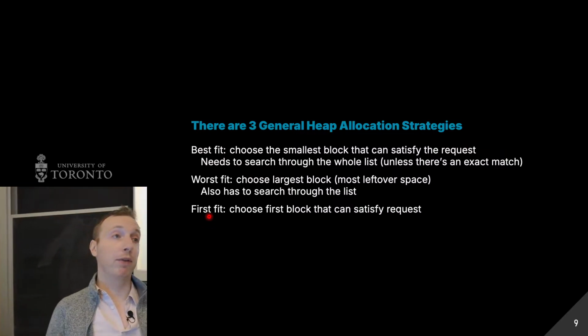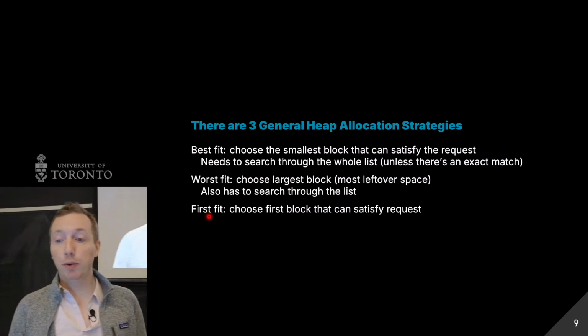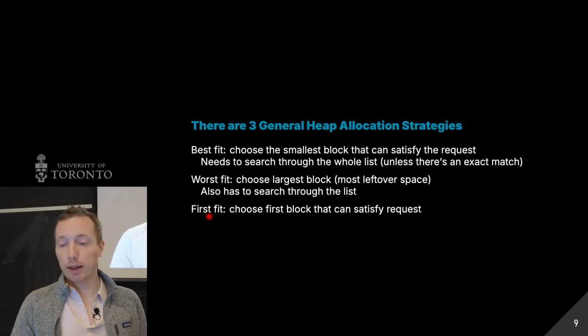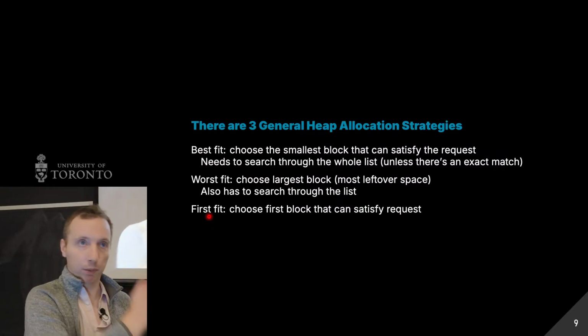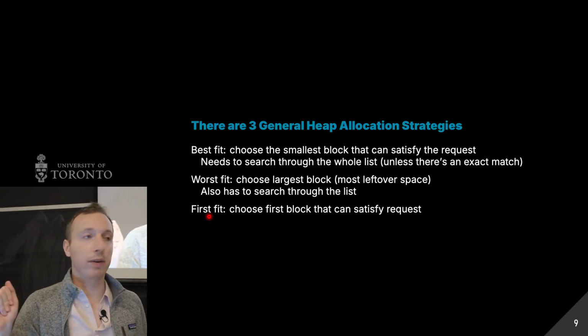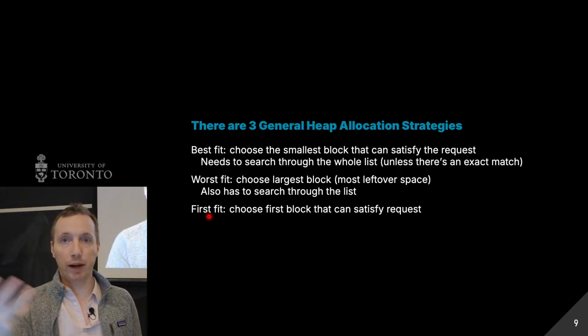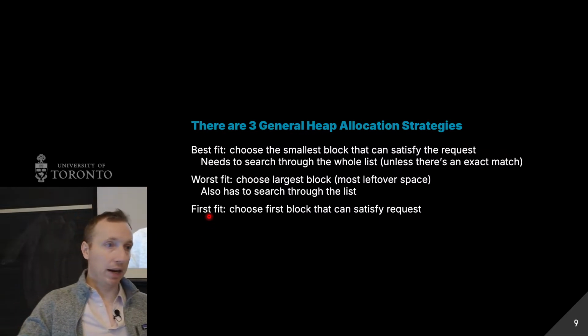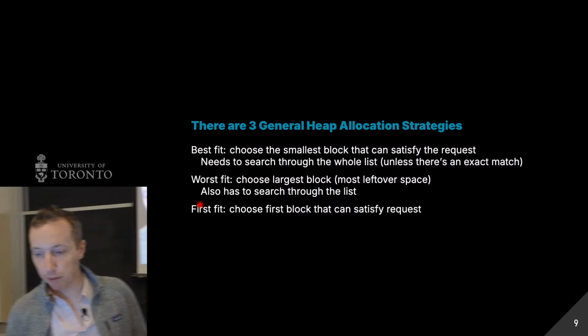In general, there are 3 heap allocation strategies. One is best fit, so that means we choose the smallest free block that can satisfy the request. We would need to search through the whole list, unless there's an exact match, in which case we can't do any better than that, so we would choose that block.